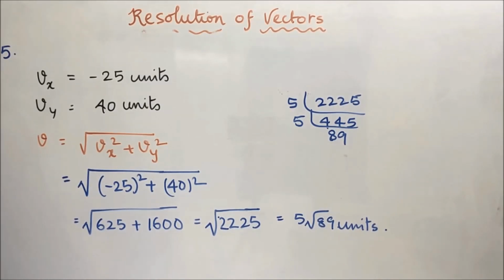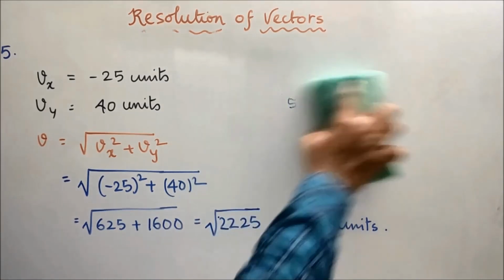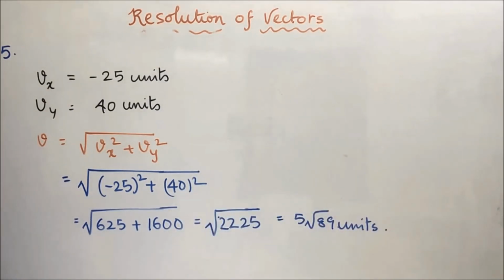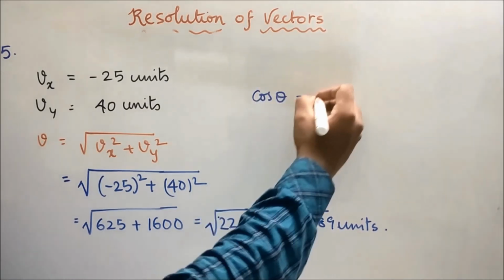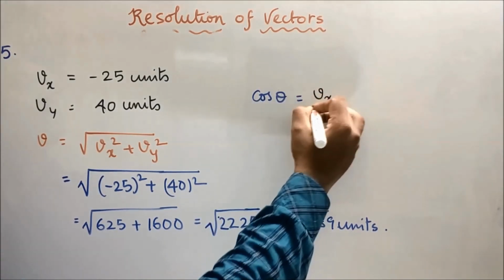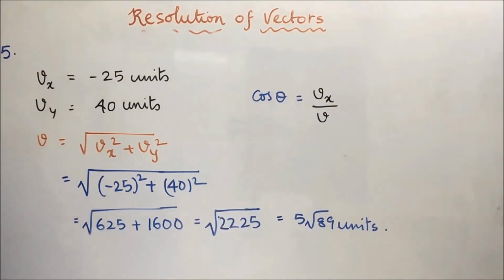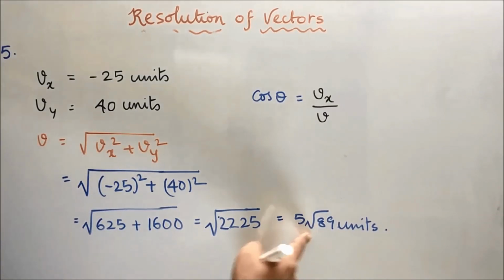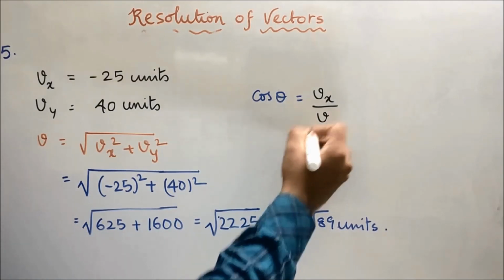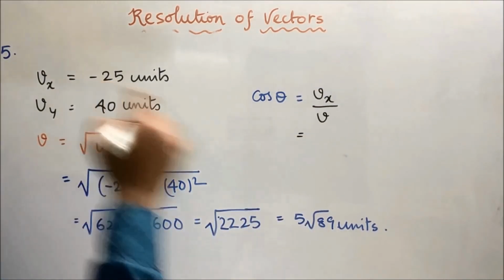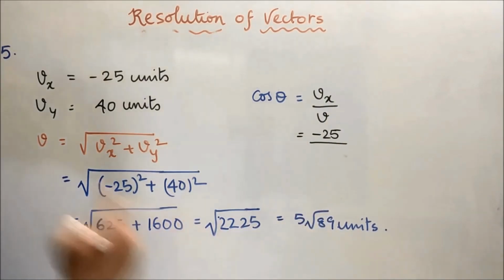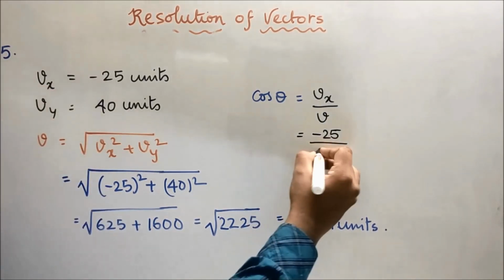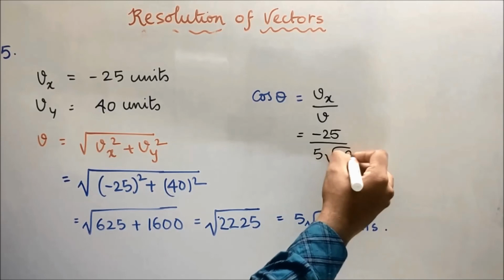Now what is cos theta? Cos theta equal to x component divided by mod of vector v. So we know all the values here. So vx is how much? Minus 25. What is magnitude of vector v? 5 root 89.